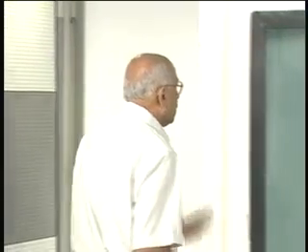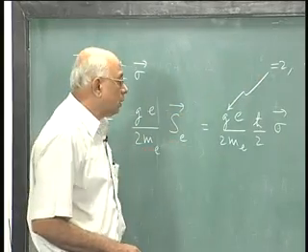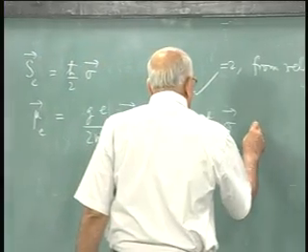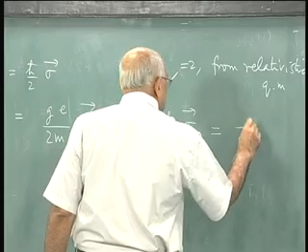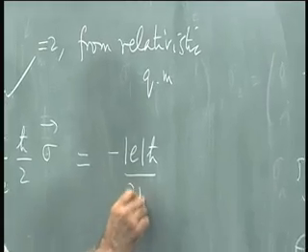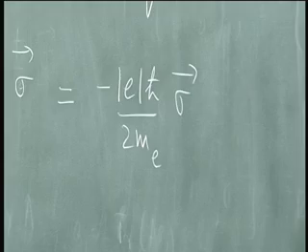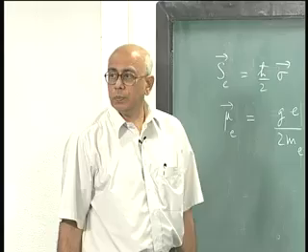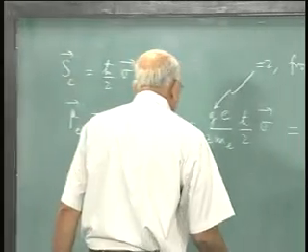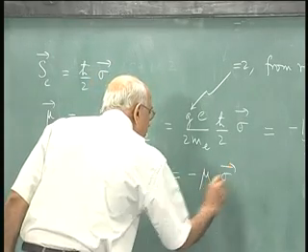The correction comes from what are called radiative corrections due to quantum field theory. We are not concerned with that right now, we will simply put in the experimental fact that G is equal to 2, and therefore this becomes minus the modulus of the charge of the electron, h cross over 2 m times sigma, which is equal to minus the Bohr magneton times sigma.